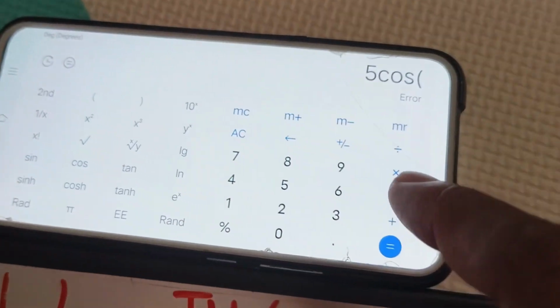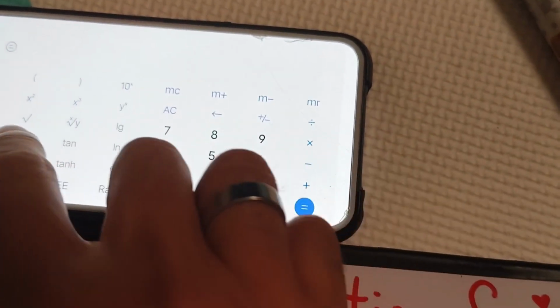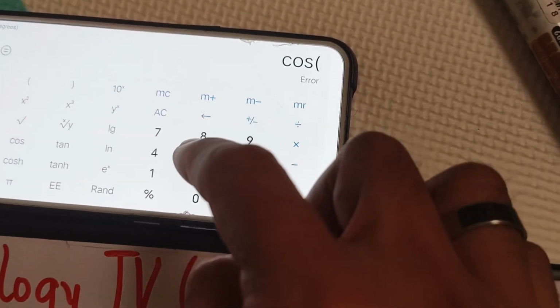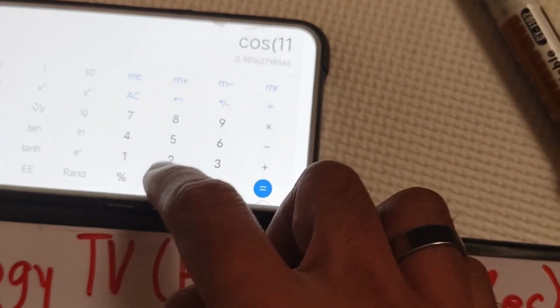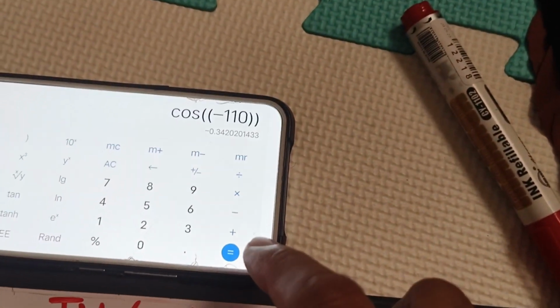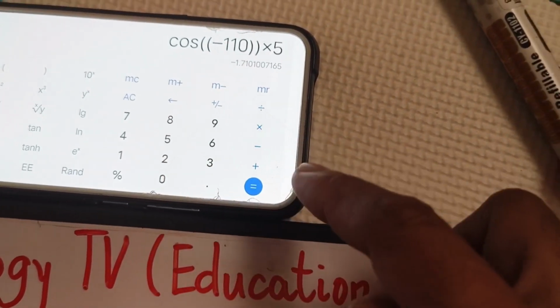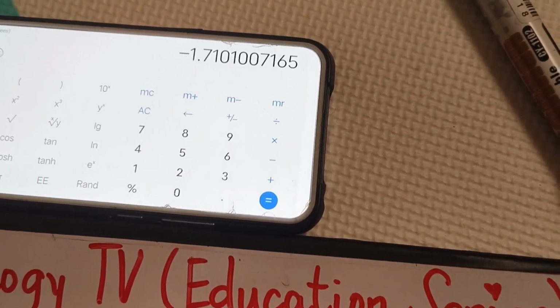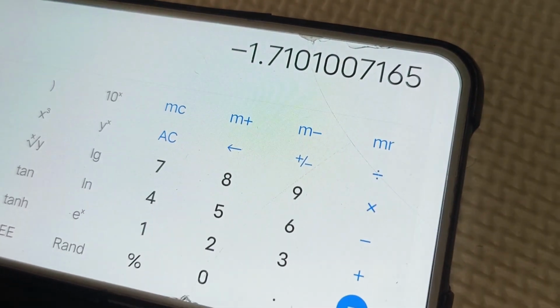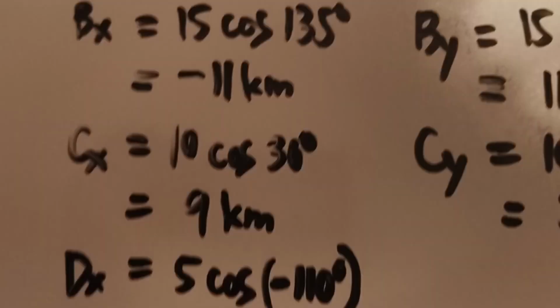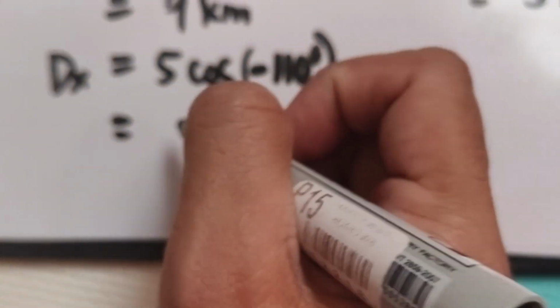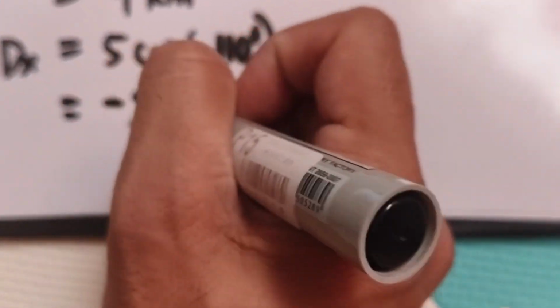Cosine of 110 negative, okay, times 5. Okay, negative 1.71 or negative 2 pag na-round off ko sa whole number. So lalagay ko dito negative 2 kilometers.